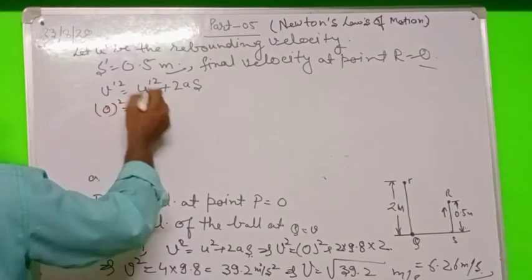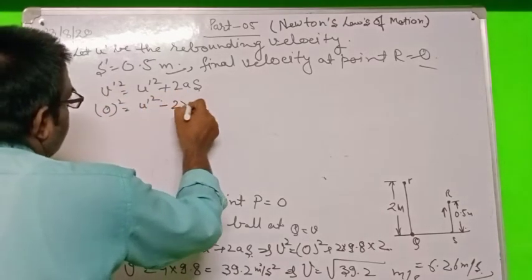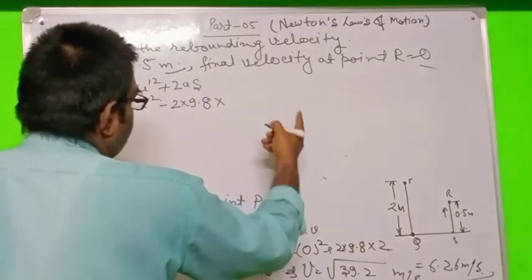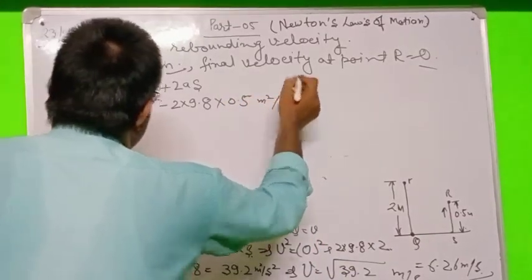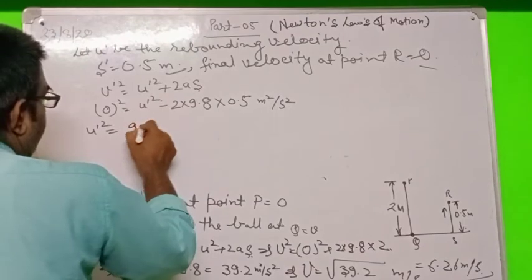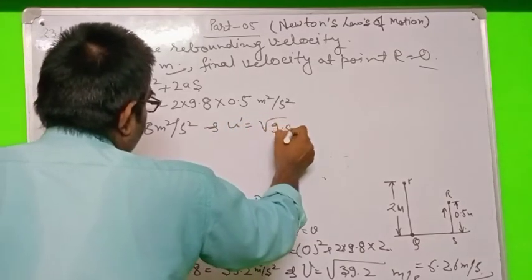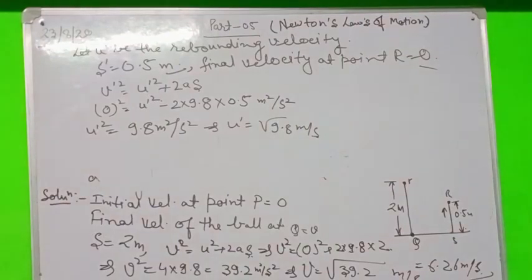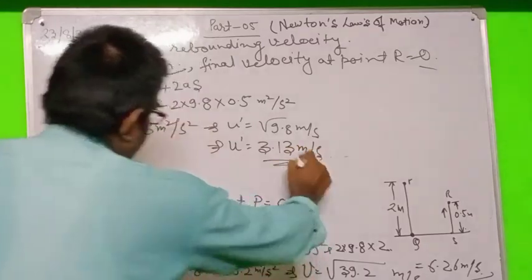Final velocity is 0, so 0 is equal to u dash square minus 2 into 9.8 into 0.5 meter square per second square, and from here u dash square is equal to 9.8 meter square per second square, and u dash is under root 9.8 meter per second, which is equal to 3.13 meter per second.